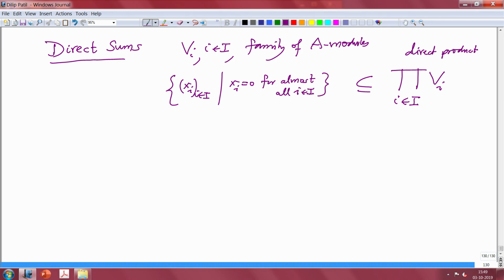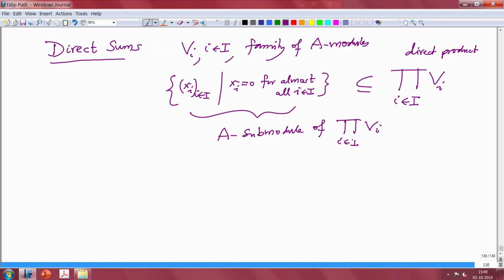Almost all means only for finitely many it could be non-zero, and otherwise it is 0. And this 0 on the right side should mean 0 in Vi. Okay. Now, first of all, note that this is obviously a submodule of the direct product.